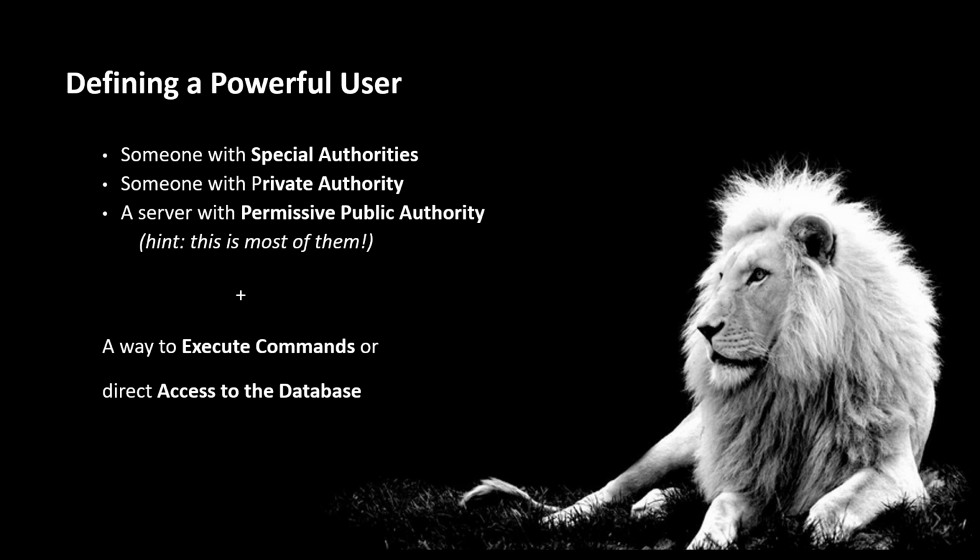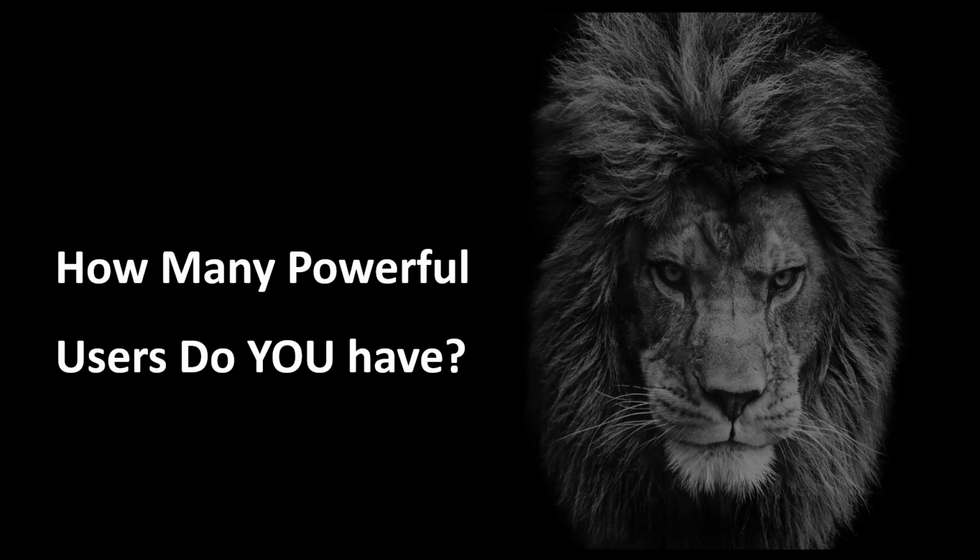The other possibility is a tool that provides direct access to the database. Maybe it's Microsoft Excel or Crystal Reports or something that is perhaps PC based that is running over an ODBC or a JDBC connection. All of these things add up to the premise that a user could be powerful.